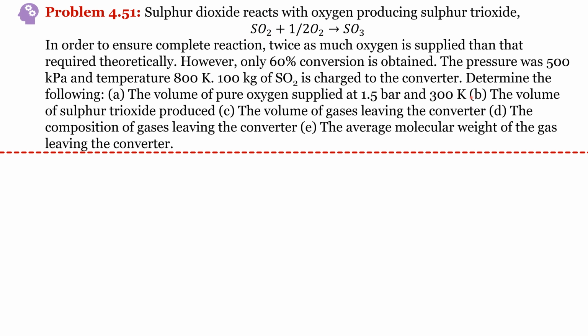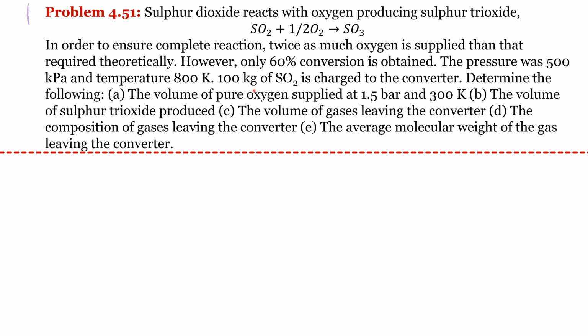Determine the volume of pure oxygen supplied at 1.5 bar and 300 Kelvin. So first we need to find the volume of pure oxygen supplied. So only amount of SO2 is given.